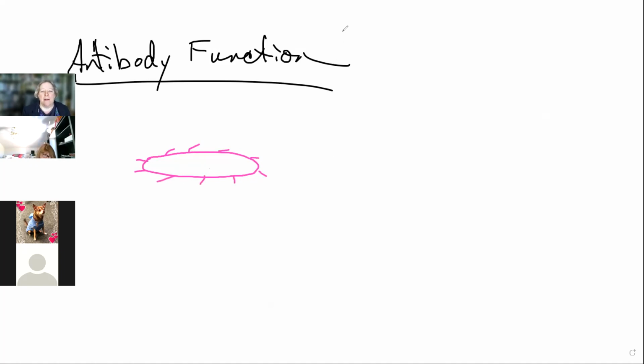Let's say that I have produced, and we're going to go with just IgG, just for the sake of simplicity, some IgG that is specific for fimbriae. So they grab a hold of the fimbriae, and so this little bacterium gets covered. Oh boy, I didn't draw that one really well.